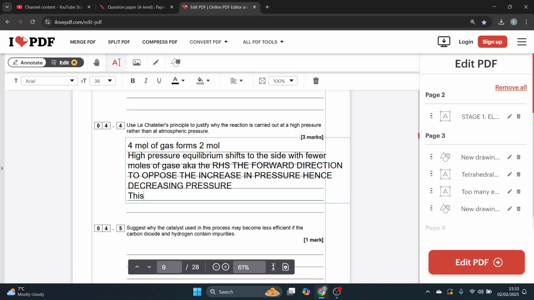This increases the equilibrium yield of methanol.